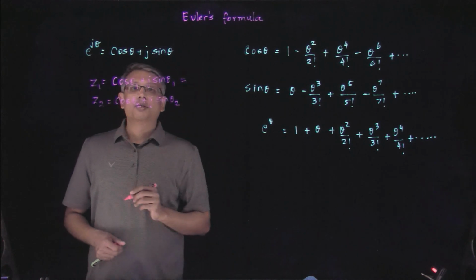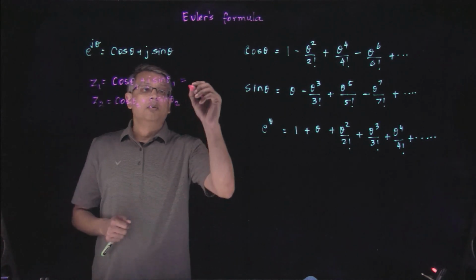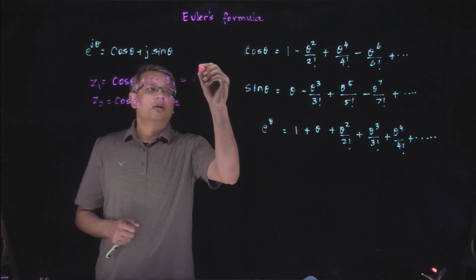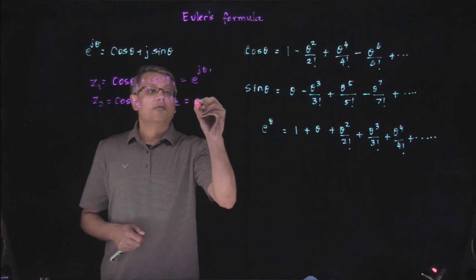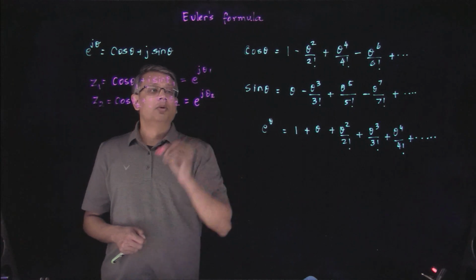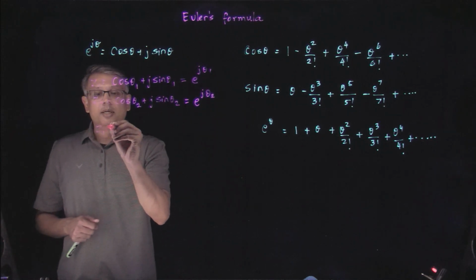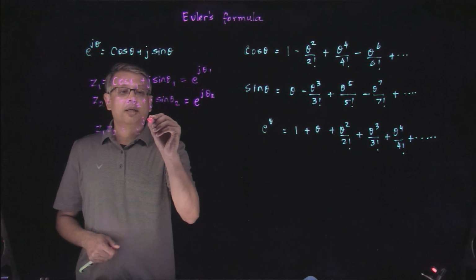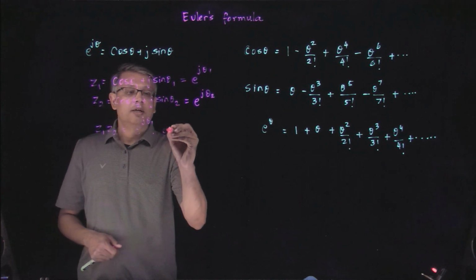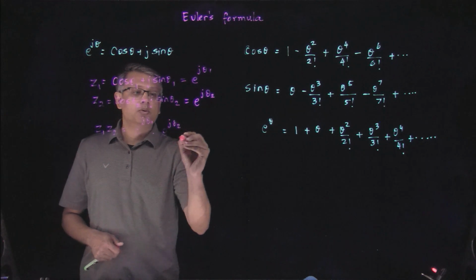But what Euler's formula tells you is this. You can think of this complex number as e to the j theta 1, and you can think of this as e to the j theta 2. And if you wanted to multiply z1 and z2 together, this is simply e to the j times theta 1 times e to the j times theta 2.